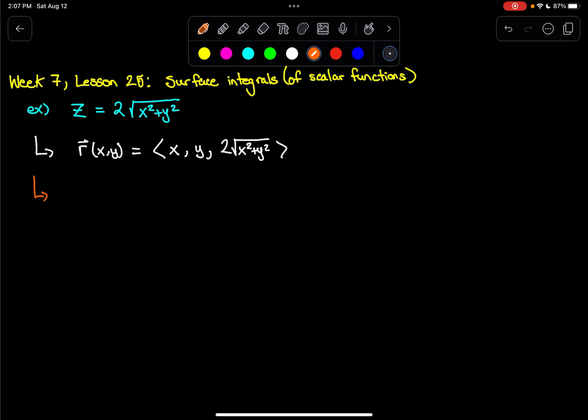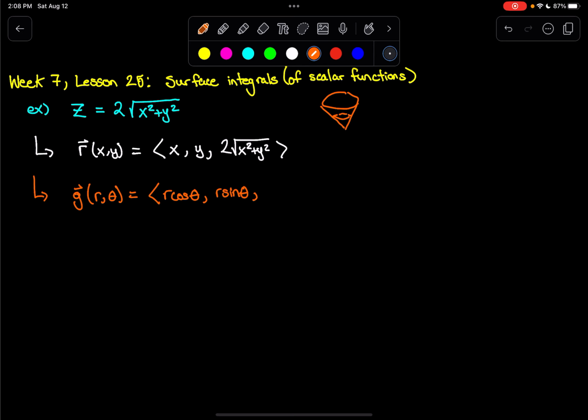And we could also use the fact that a cone is shaped like this, it consists of a bunch of circles, and we might try using cylindrical coordinates or polar coordinates, and come up with a different parameterization in terms of r and theta. Maybe it's best to let x equal r cosine theta, and to let y equal r sine theta.